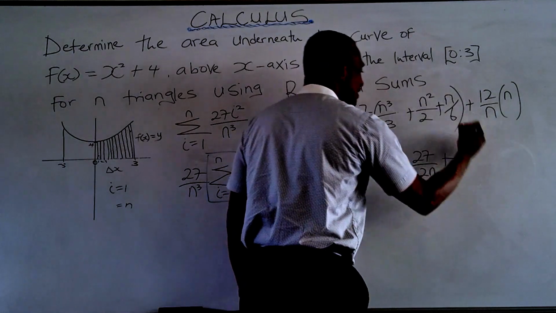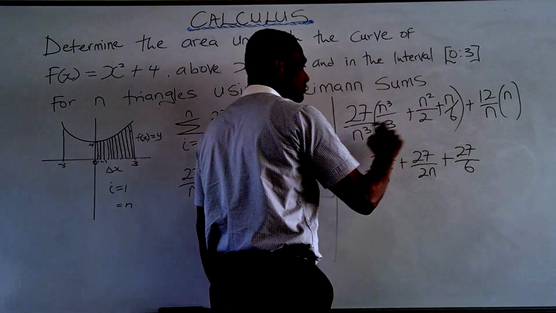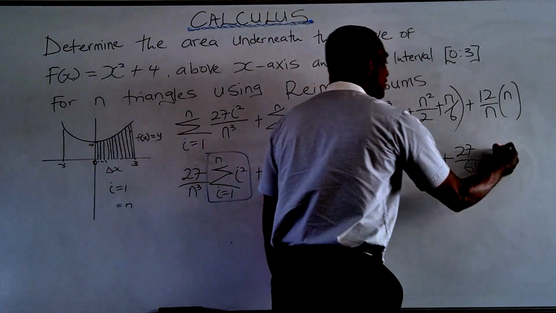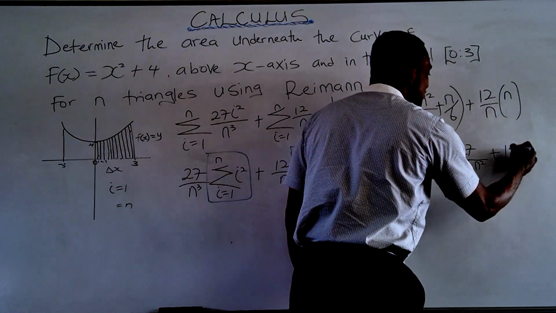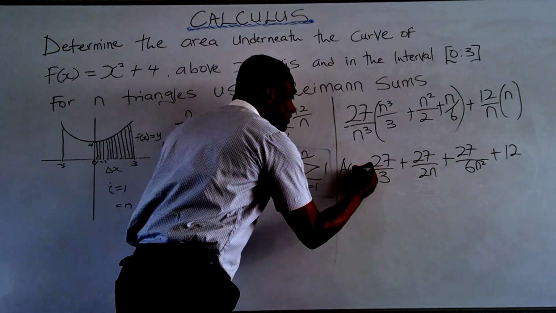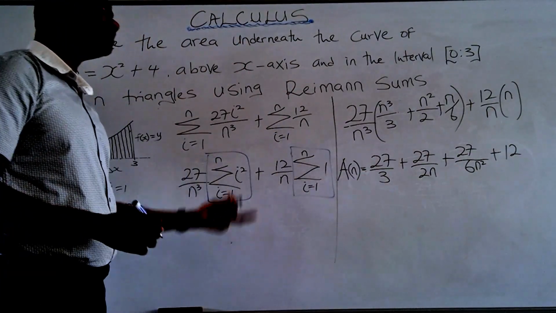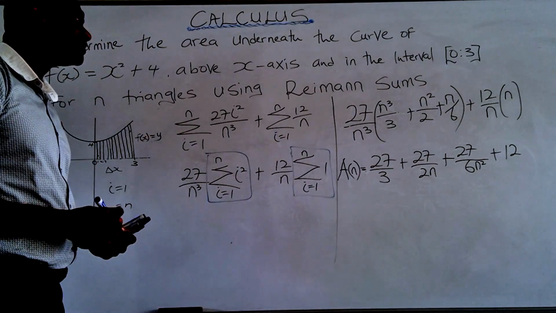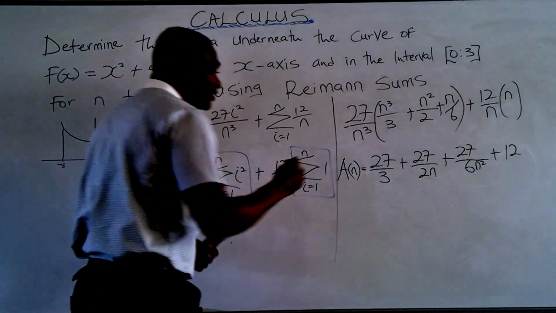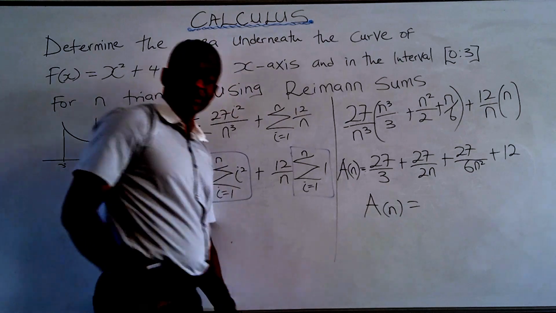Plus 27 again, we have 27 over 6n squared. Then here we have plus n, we cancel out n, plus 12. So this will be the formula for area for n number of rectangles. We can simplify it further and collect like terms like 27 over 3 plus 12, and that will give us the Riemann sum for n number of rectangles.